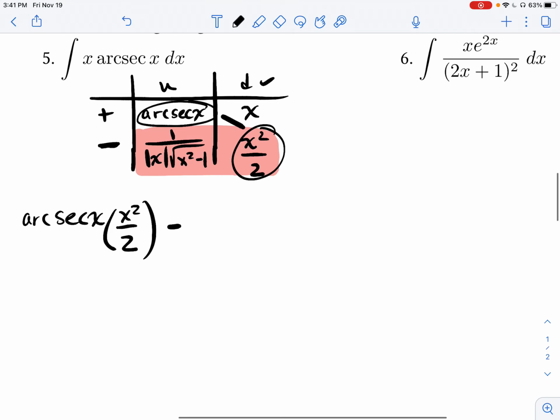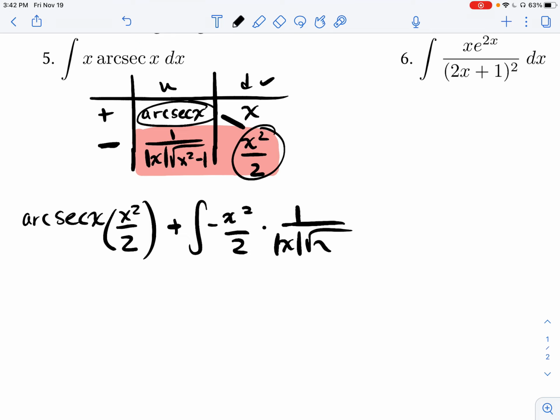On top of that, I've got this here: minus, or I can say, if it helps at all, plus negative x squared over 2 times 1 over the absolute value of x times root x squared minus 1 dx. And this is exactly what I have highlighted up there. And I've actually moved that negative to the outside.